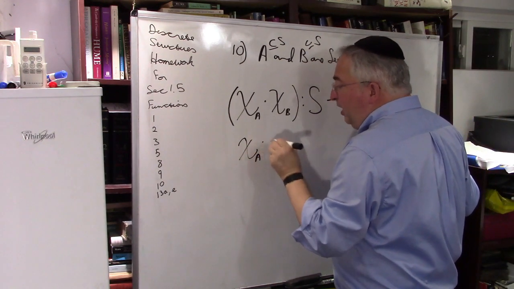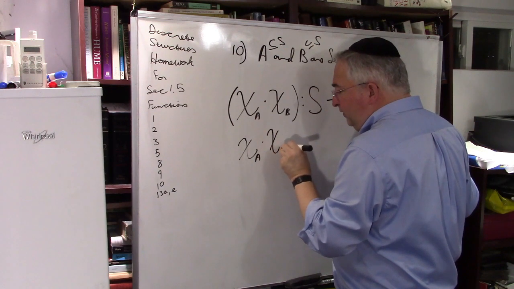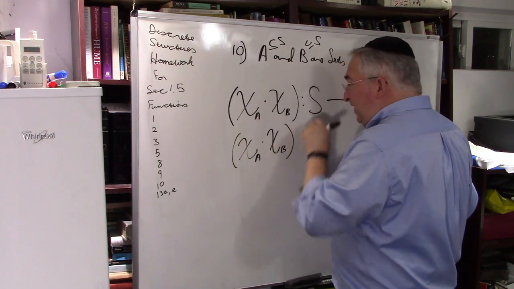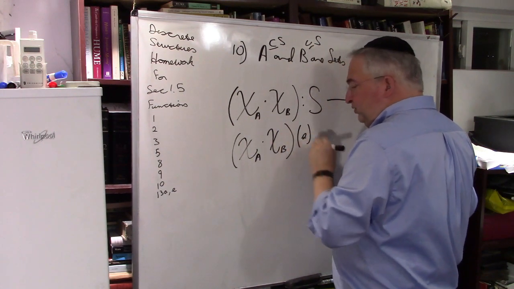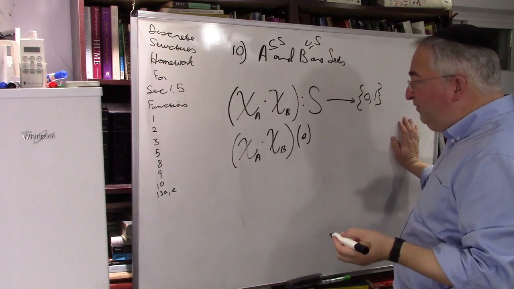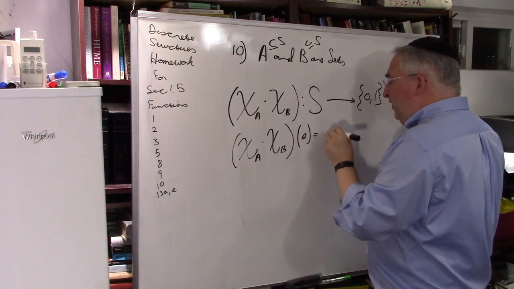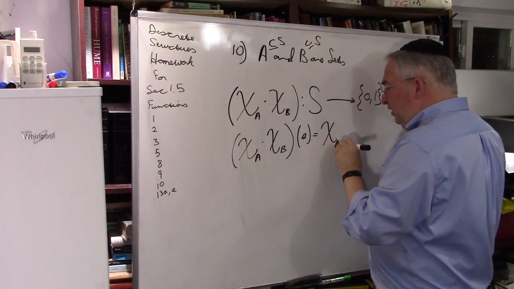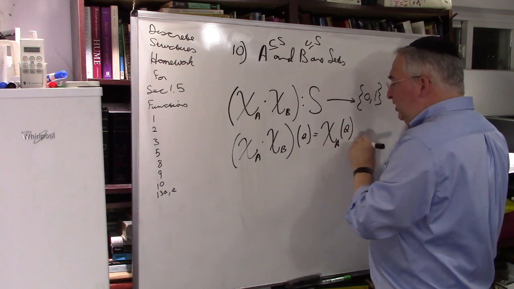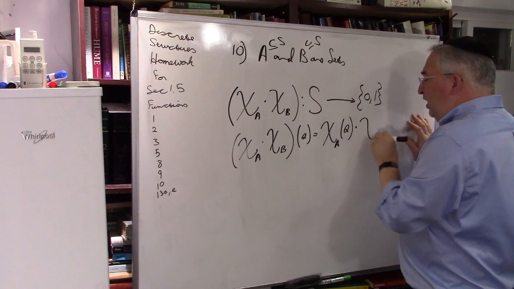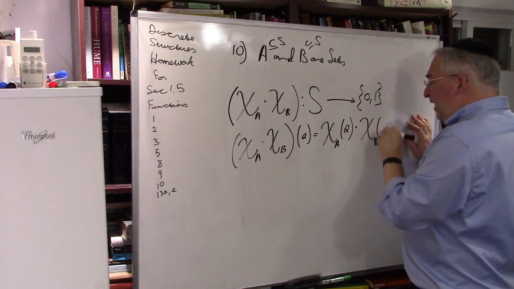Chi of A times chi of B gets an input, a little s. Great. Now what's its value? Very simple. The value is chi of A at little s times chi of B at little s.